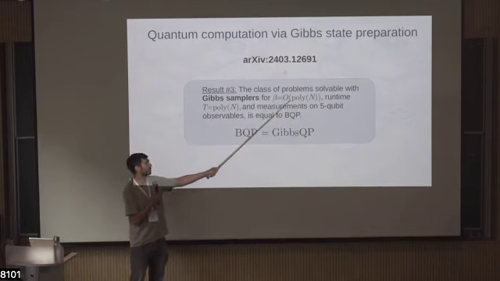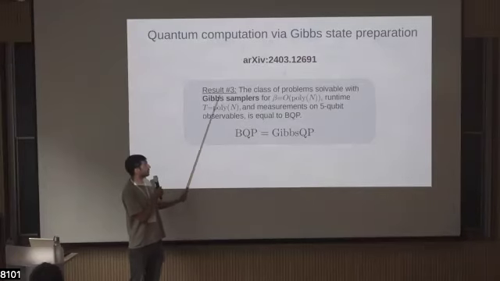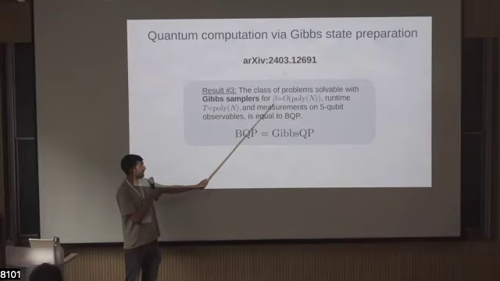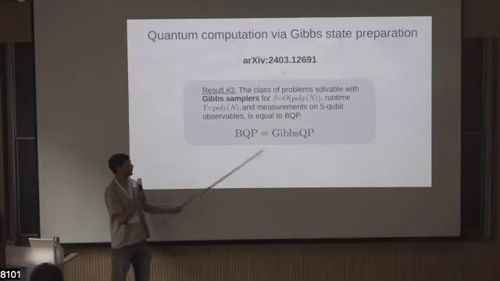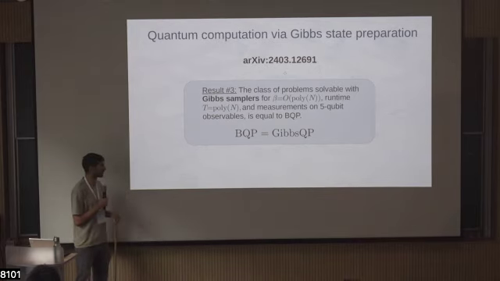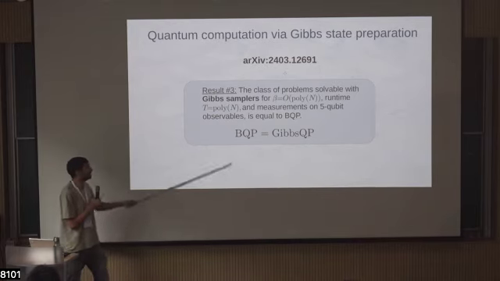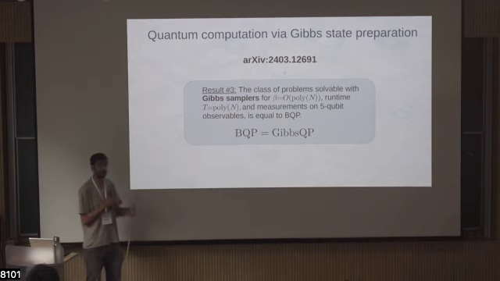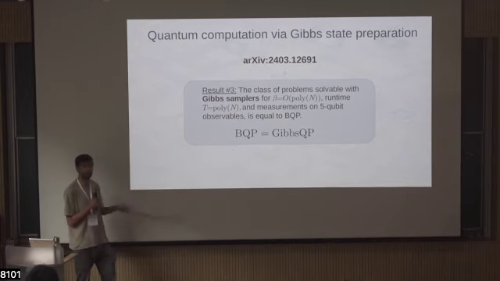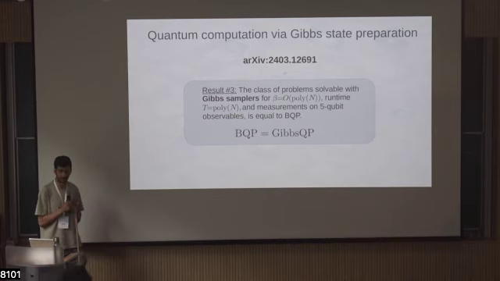I'm assuming here that your computation has poly-sized circuits. And you don't only need access to these Gibbs samplers for low temperatures, you also need to do some sort of measurements at the end. That's part of the computational model. But if you're able to do this, the kinds of computations you can do are equivalent to arbitrary polynomially sized quantum computations.